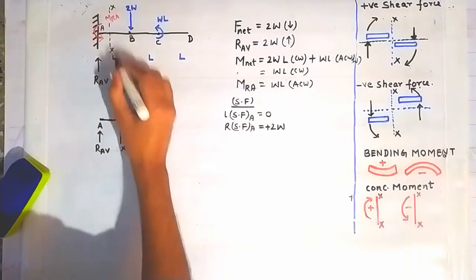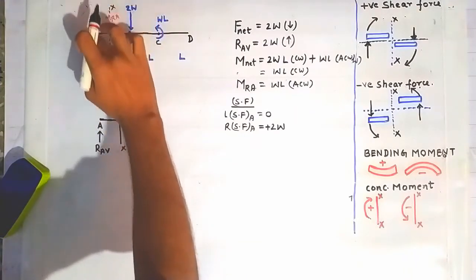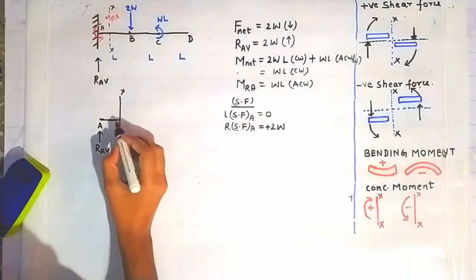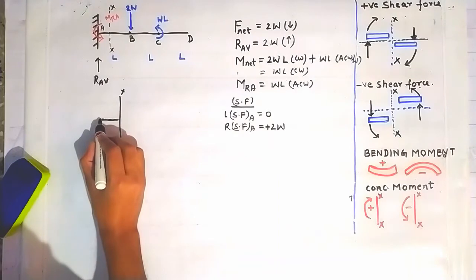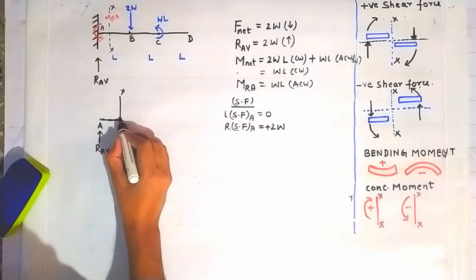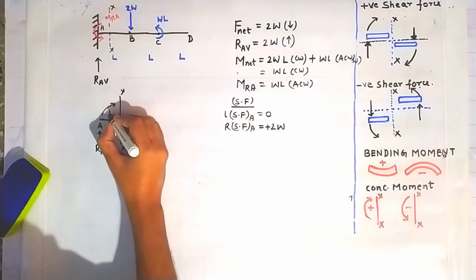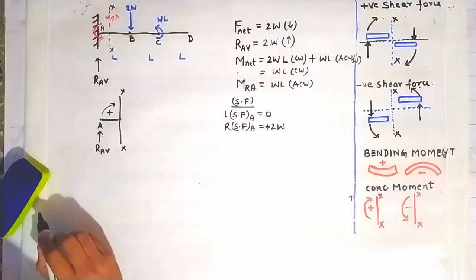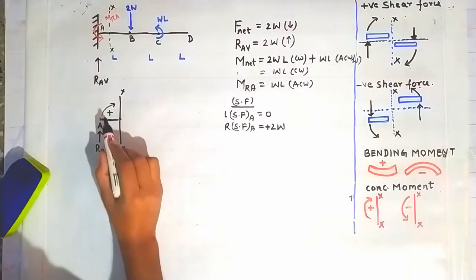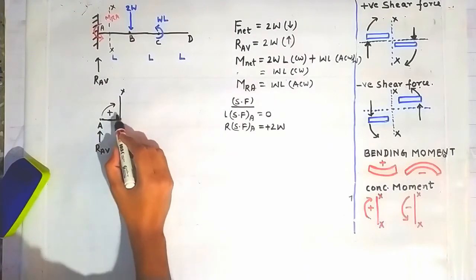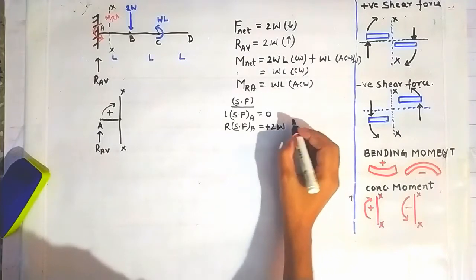I am drawing this portion of the beam here, and we can see that this force RAB is trying to rotate the beam element between the point A and the point lying on this section XX in the clockwise direction with respect to that point. That's why it is taken as positive shear force. So it will give us positive shear force.